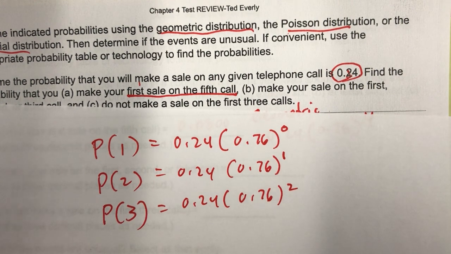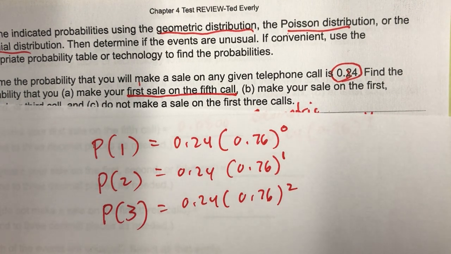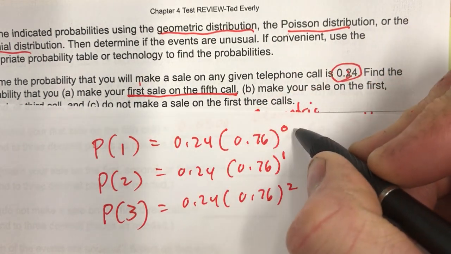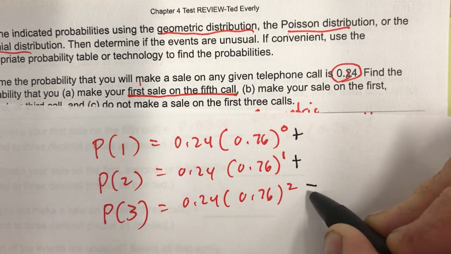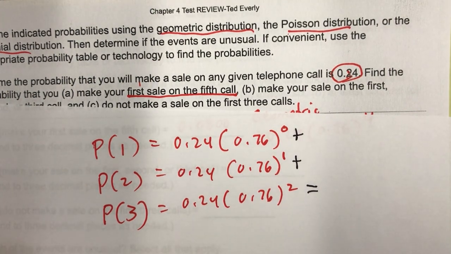Now what I'm going to do this time is punch this all in at one time. So I got this times this, plus this times this, plus this times this. Hit the equals, and that should give me my answer.